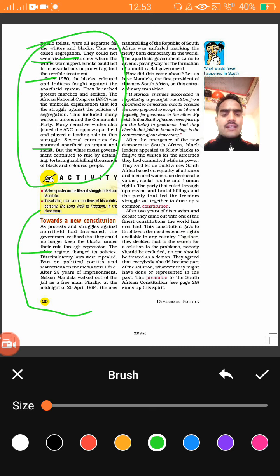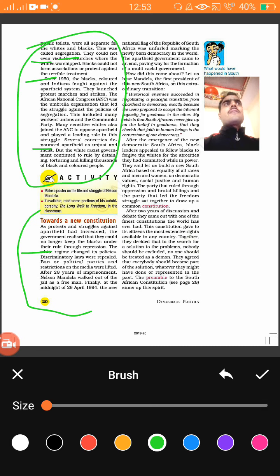After 28 years of imprisonment, Nelson Mandela walked out of the jail as a free man. Finally, at the midnight of 26 April 1994, the new national flag of the Republic of South Africa was unfurled, marking the newly born democracy in the world. You have to clap for the struggle of South African people.